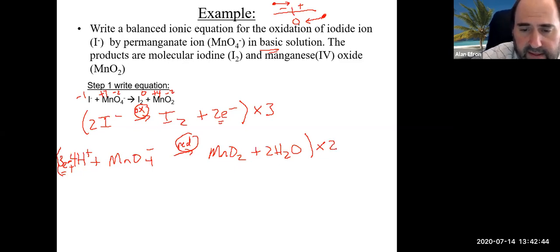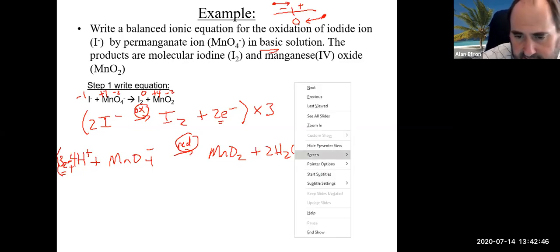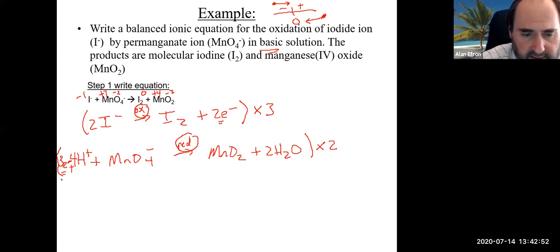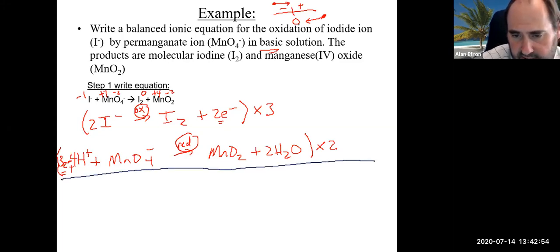So I will rewrite that underneath. Let's see here. Grab a different color maybe. All right. So if I rewrite all that, try not to mess it up here, we're going to get 6I minus goes to 3I2 plus 6 electrons.